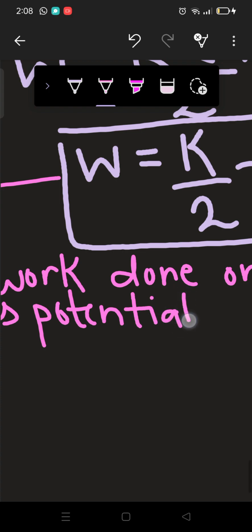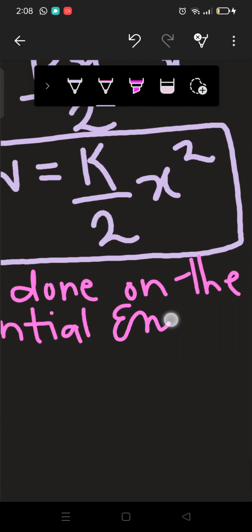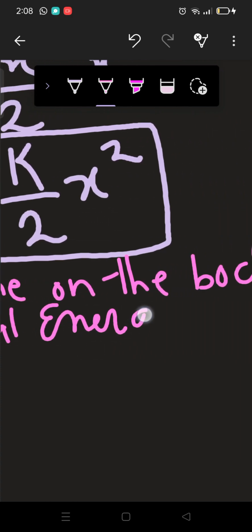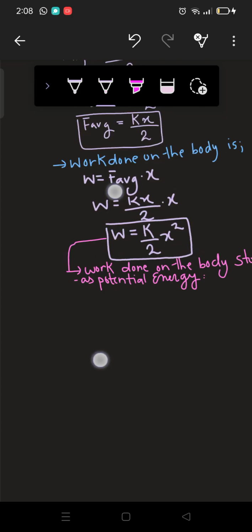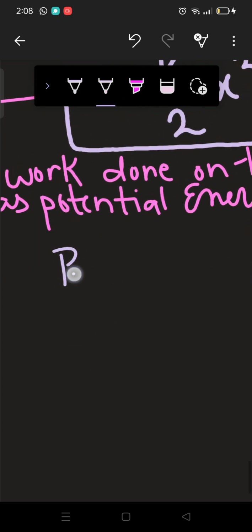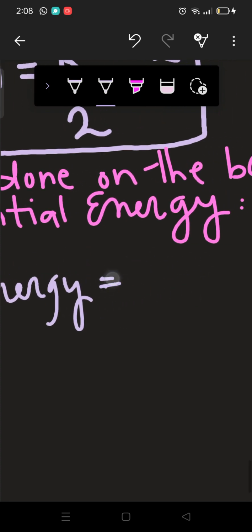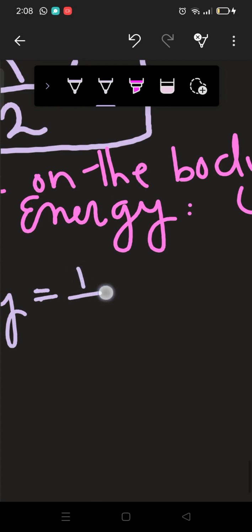Stored as potential energy, right? So which means potential energy is equal to what? Potential energy is the work done, right? So 1 over 2 kx square.